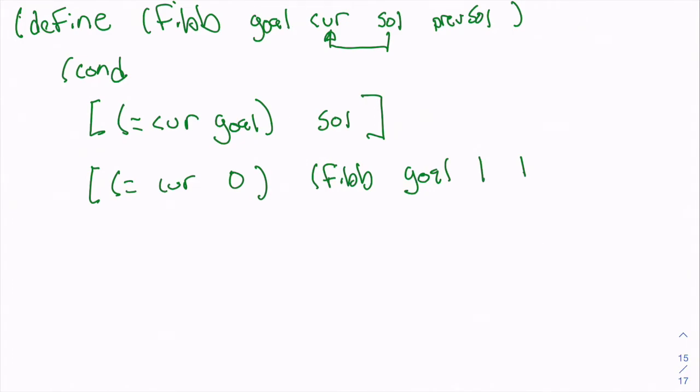That is the solution, and the previous solution, which is the solution for 0, which is 0, and that is the call for current equals 0.